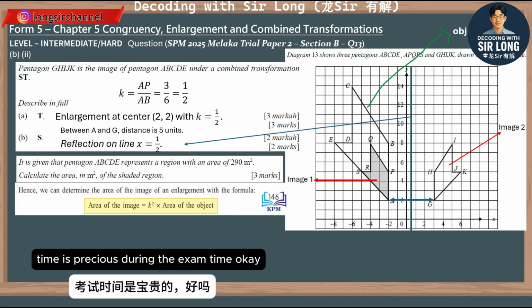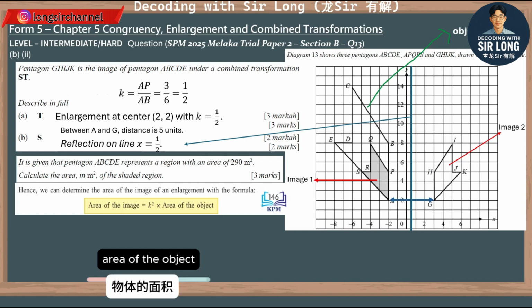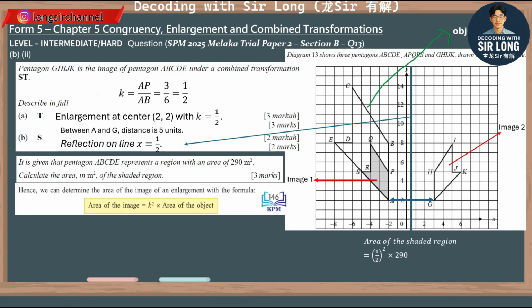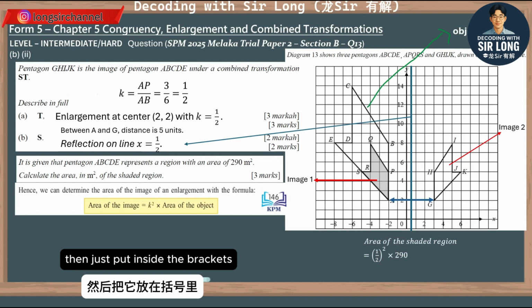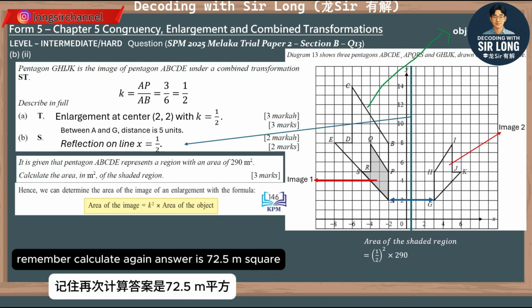Okay, the area of the image is equal to k squared times the area of the object, and just simply substitute the value into this formula. Since we found that k is 1 over 2, just put it inside the brackets. So 1 over 2 squared times 290 equals what? Remember, calculate it again. The answer is 72.5 meters squared.